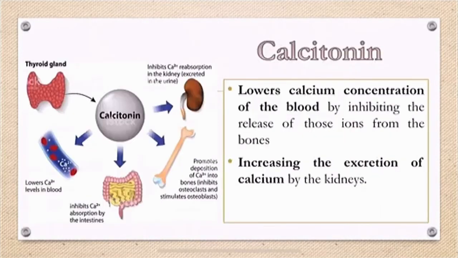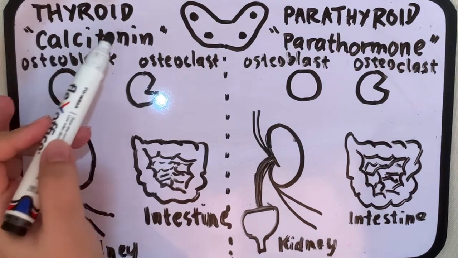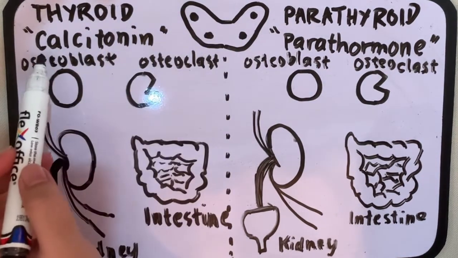Besides secreting those 2 thyroid hormones, the parafollicular cells of the thyroid gland secrete a hormone called your calcitonin. This hormone lowers the calcium and phosphate ion concentration of the blood by inhibiting the release of those ions from the bones and by increasing the excretion of those ions by the kidneys. You have 2 bone cells here.